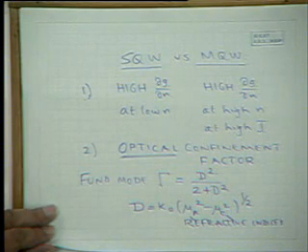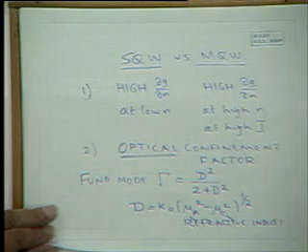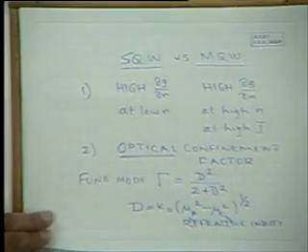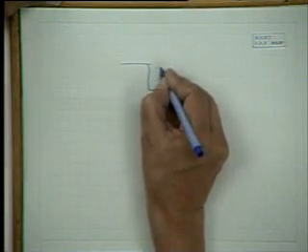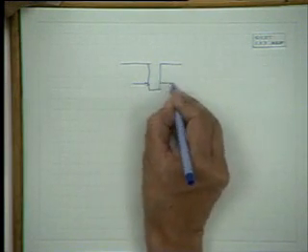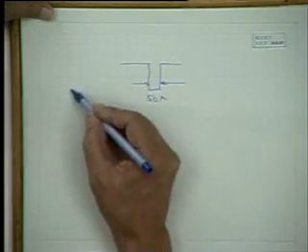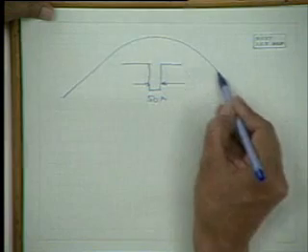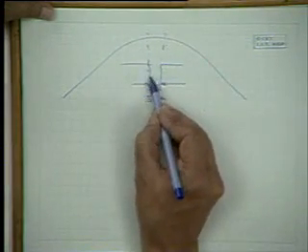And as you can quite well understand, if you have a single quantum well, say 50 angstroms, how much of the light is going to be confined in this?